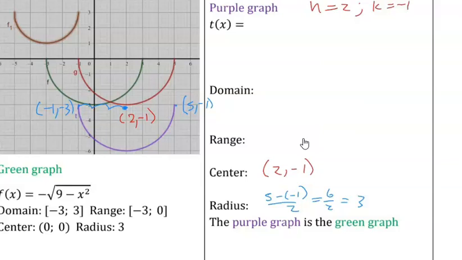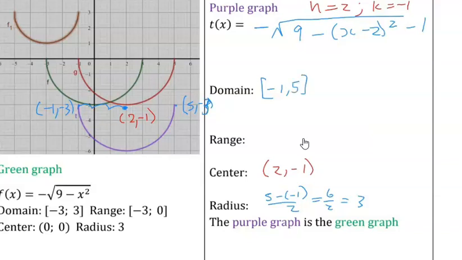So I can then write down my formula. First of all, it's a negative square root because it's concave down. I've got 3 squared, which is 9, minus (x minus 2) squared, minus 1 outside the square root. And then my domain, if I do it from the graph, will be from minus 1 to 5.